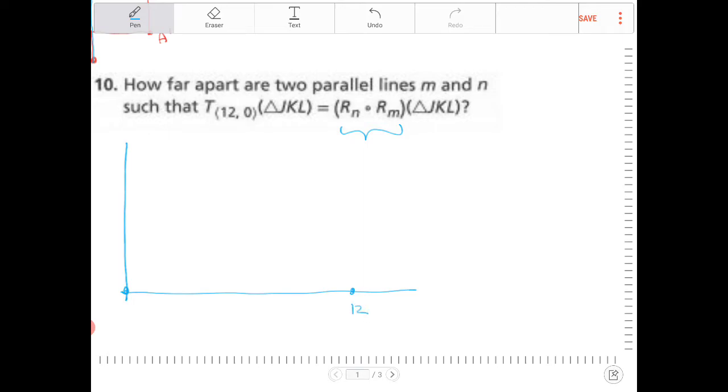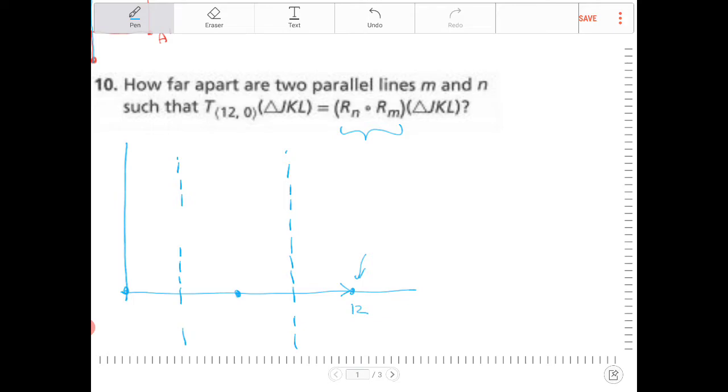If I'm performing a composition of reflections, I can perform a reflection and end up over here, and then perform another reflection and end up over here.